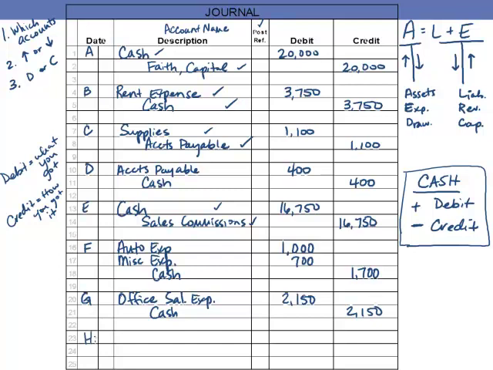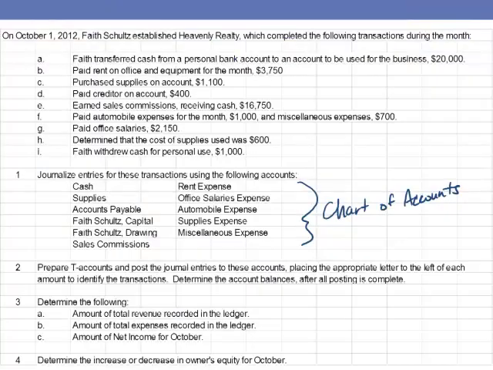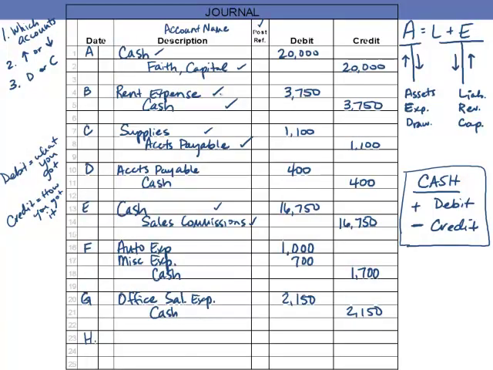Okay, next, determine the cost of supplies used was $600. How many supplies did we have? Well, we had 1,100 and we used 600. So we had to subtract $600 from the supplies account. Supplies is an asset, and to subtract from an asset, we credit.